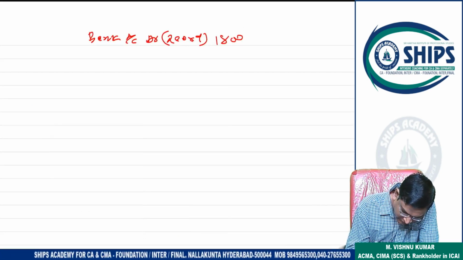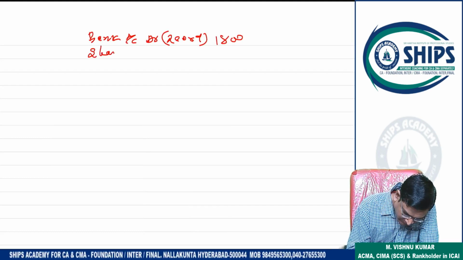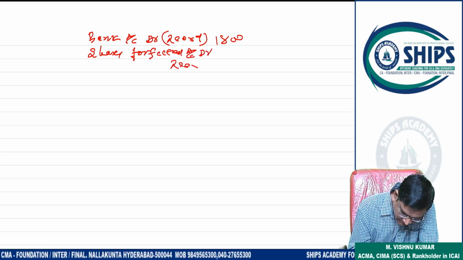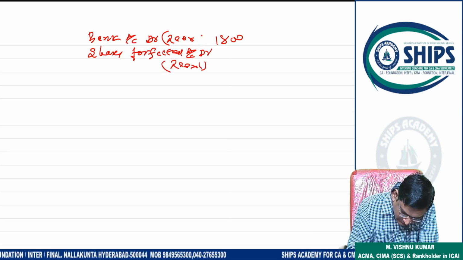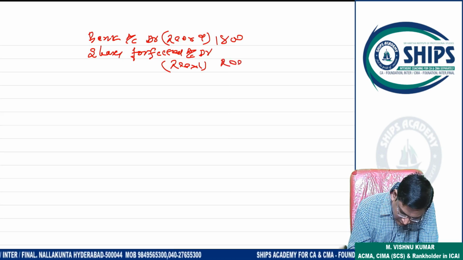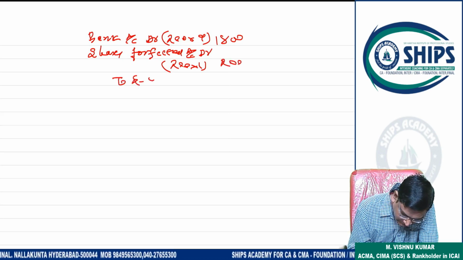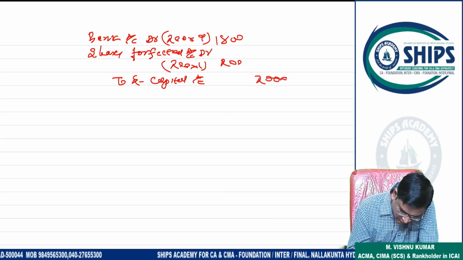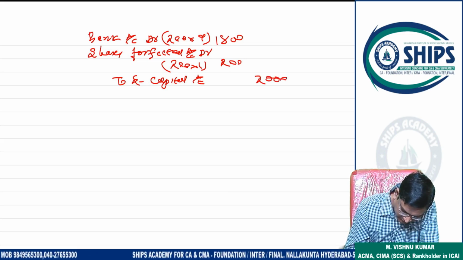So we are assuming a discount of 1 rupee was given. Shares forfeited account debit: 200 into 1, 200. To share capital 2000. Now again we have to calculate.